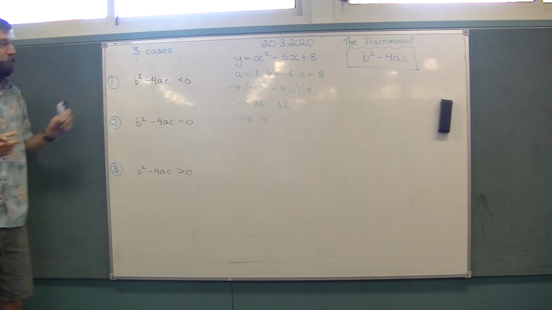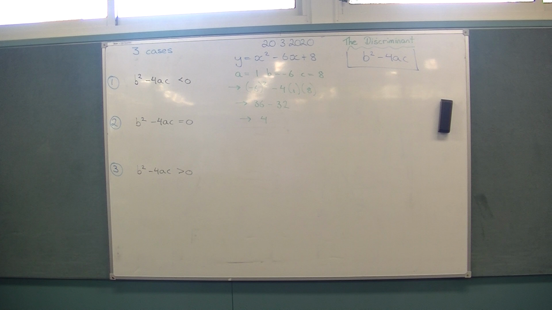The discriminant is worth 4. Which case is that? That is 3. Right, 3. So what does that mean? There's 2 intercepts. 2 x-intercepts. Right, so the first type of question is interpreting what the discriminant means. Does that make sense? Yeah. Good.